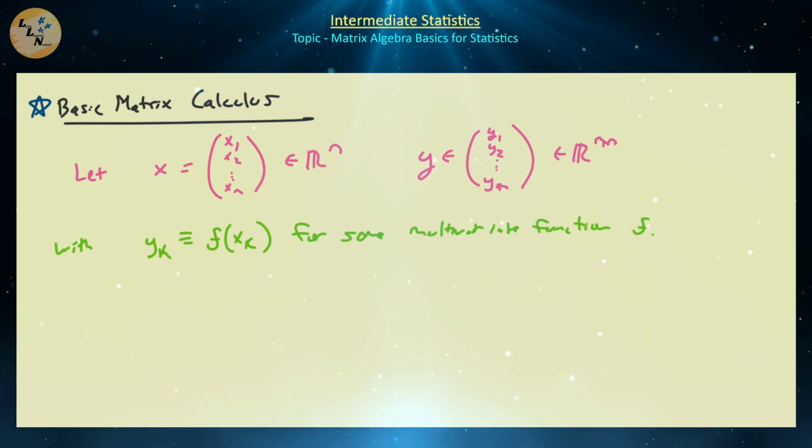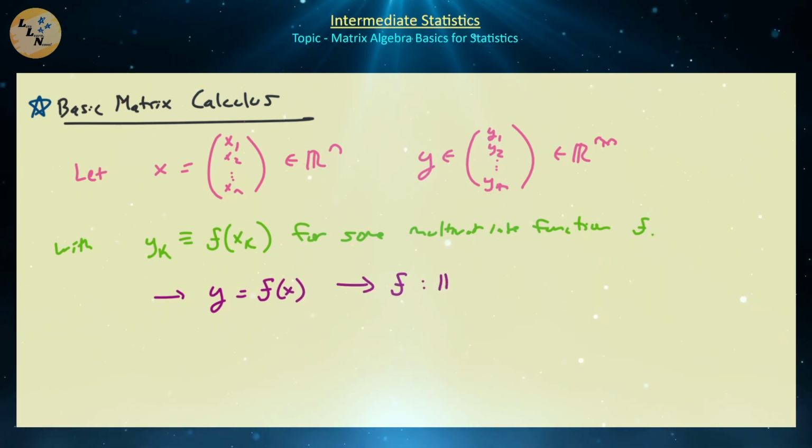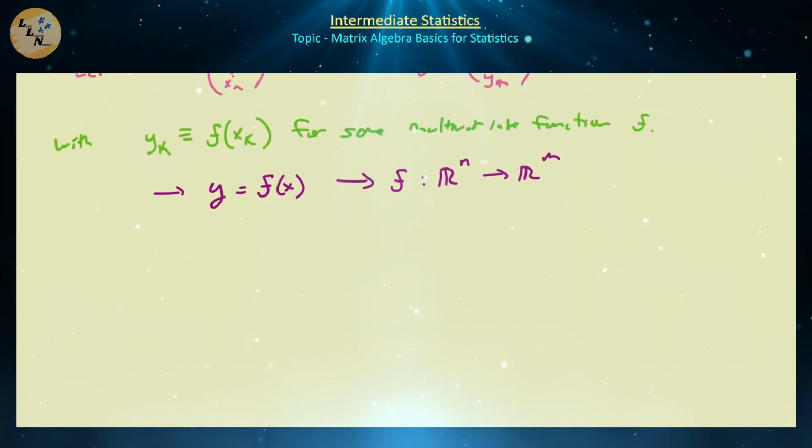Now, of course, if y and x are scalars, it's going to be a univariate function, but if I take one particular value xk, we're going to get one or possibly many values y as an output from that f. So we're just going to write this in vector form: y is equal to f of x. That is, f is a mapping from R^n into R^m. If that's R^1, that would be what we call a univariate function.